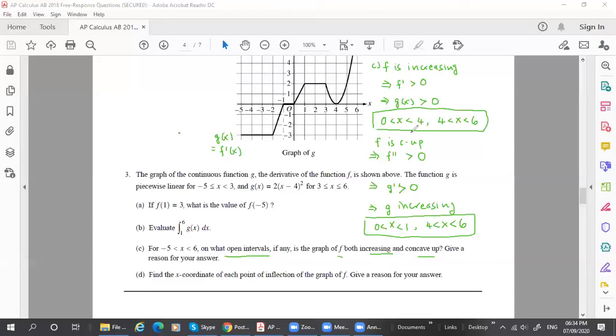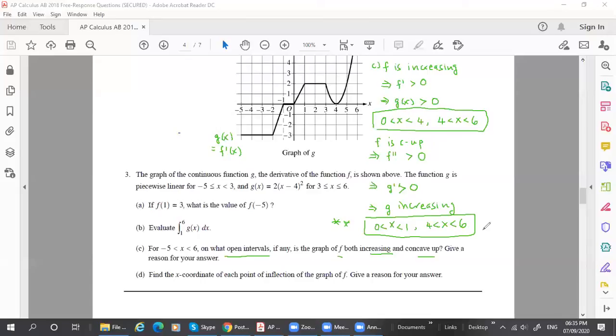So f is increasing from 0 to 4 and 4 to 6, and f is concave up from 0 to 1 and from 4 to 6. So the intersection of the two intervals is the interval from 0 to 1 and from 4 to 6. That is for part C.